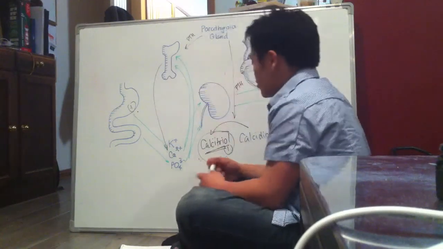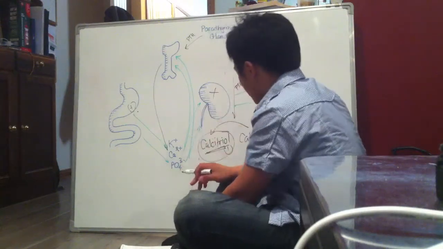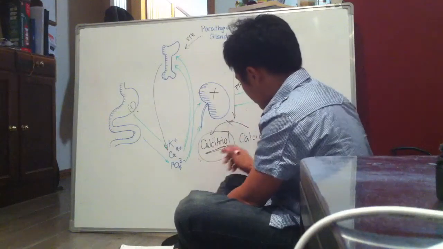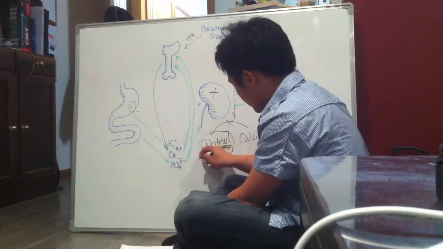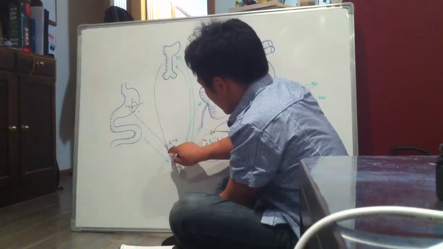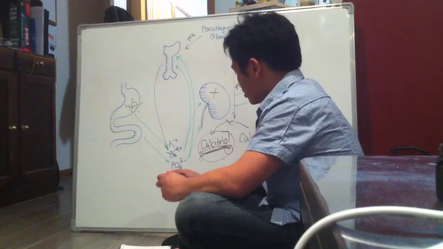Right, so in renal impairment, when the kidney isn't working, what do you get? You don't get a conversion of this anymore. You don't get calcitriol being converted. That means this doesn't work, so you're not getting absorption of calcium from the gut.